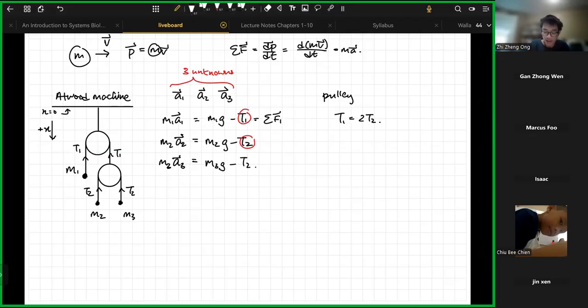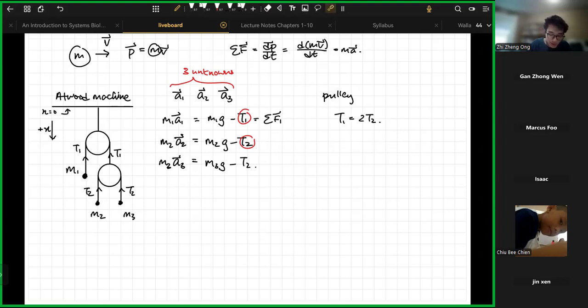Now we can use the conservation of string. How do we use it? There's two approaches. I'll show you the first approach, and the second approach is more tedious.